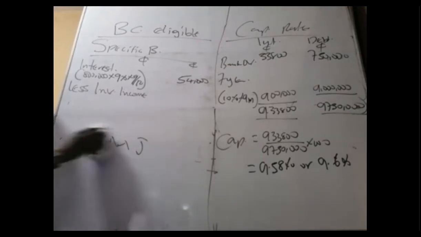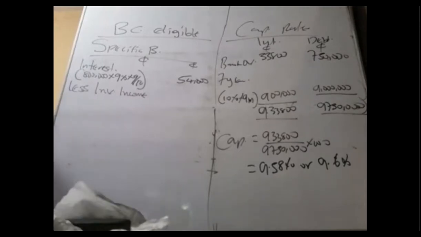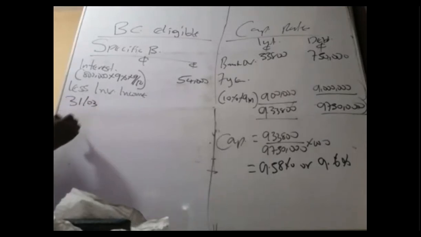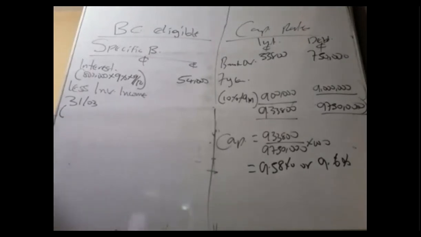And they will invest that money on 31st March. Open a bracket. I wish I can squeeze that calculation somewhere there.